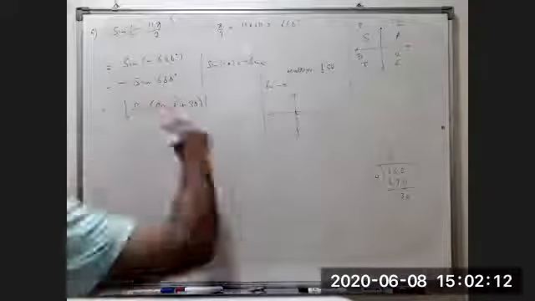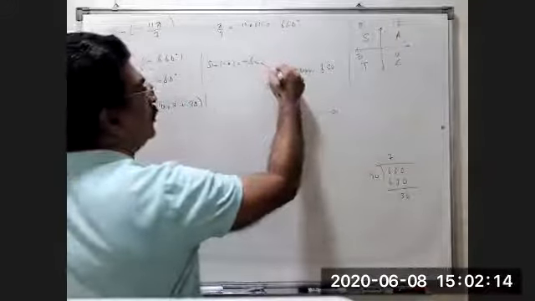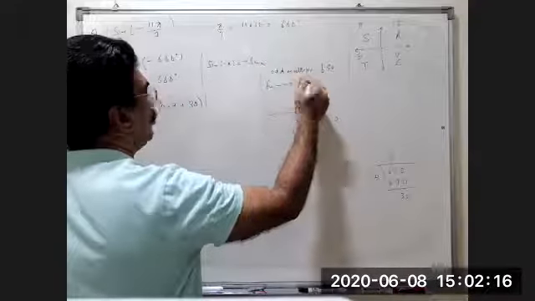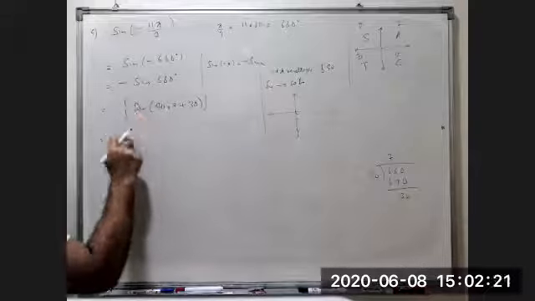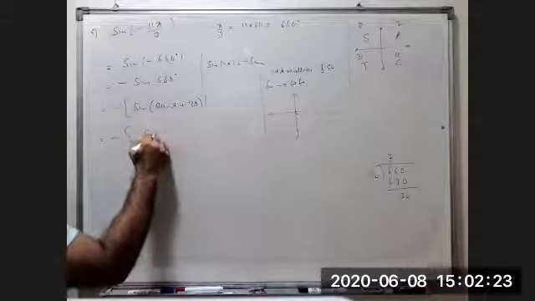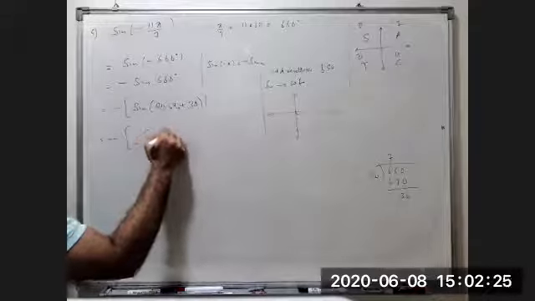Now again, it is an odd multiple of 90, so the function changes to cos function. Minus of sin, leave some gap to put the sign. It changes to cos 30.